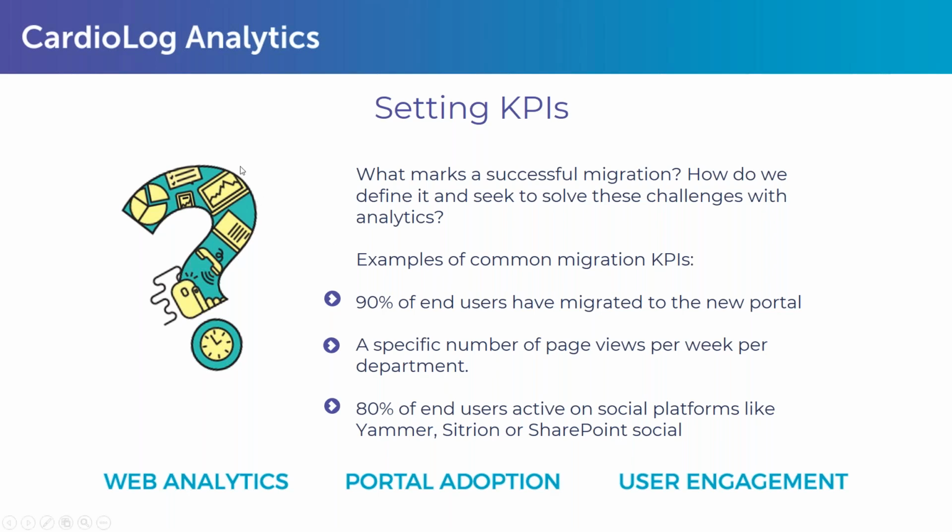On my screen, you can see a few examples of KPIs that are goals that we should set. By leveraging analytics, you can identify KPIs and uncover key insights about your portal usage before, during, and after your migration to make sure your rollout is a success.